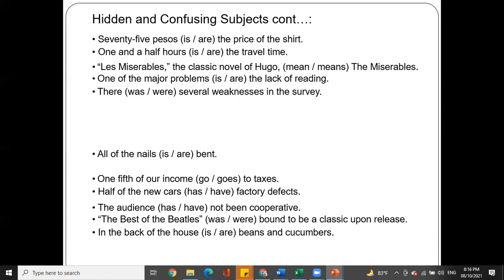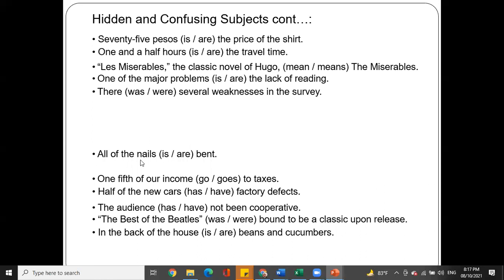Guys, remember this: all, any, more, most, none, some. For these pronouns, their singularity or plurality depends on the subject that they modify. So all of the nails, nails is plural, so all becomes plural as well.